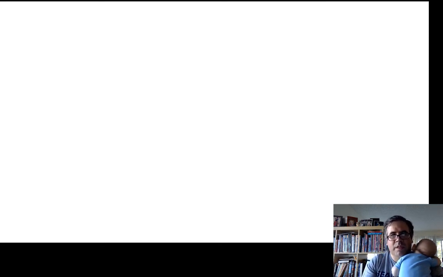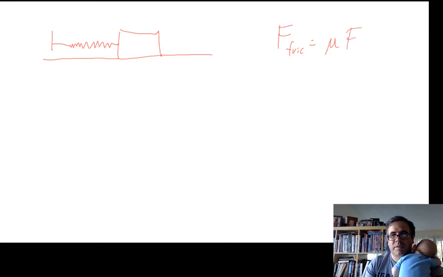So let's see. Oscillating with friction means we've got a thing on the floor connected by a spring to something, right? Friction always opposes motion, and friction is of course mu times F normal.